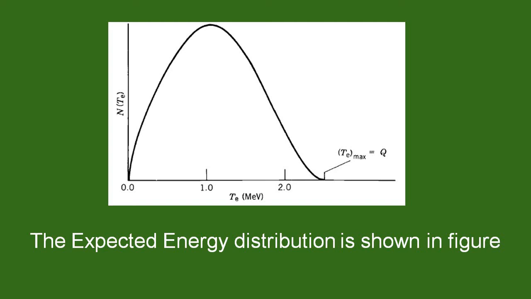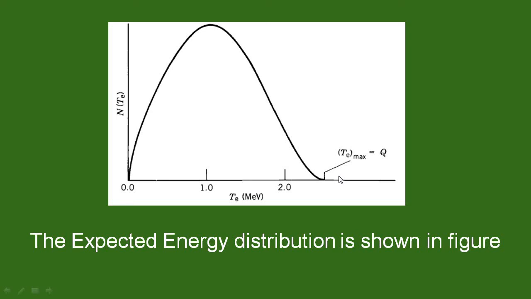So now we got the momentum distribution and energy distribution. And when you are observing, you can see that this is the one that we are getting using Fermi theory. But we are already familiar with the energy distribution. It is like this. Here it has a maximum value and then decreases.